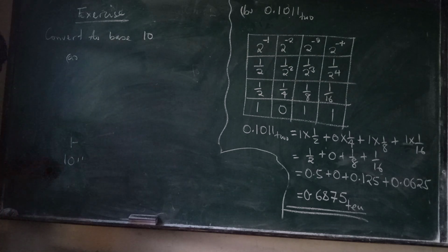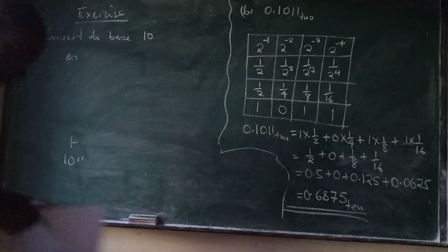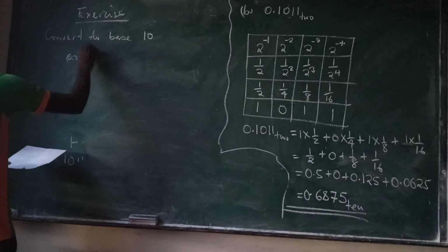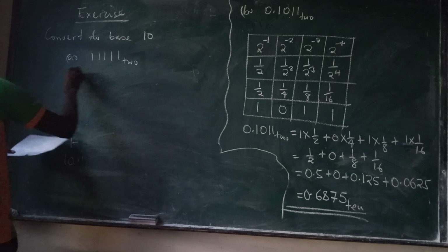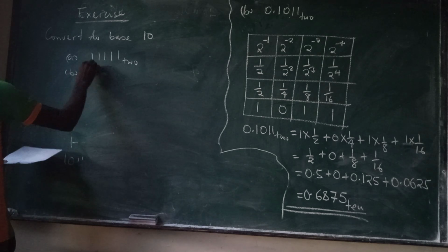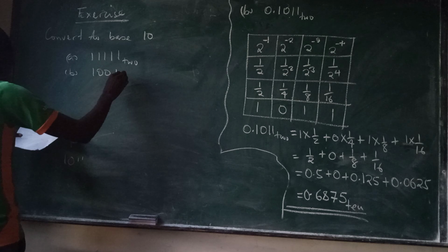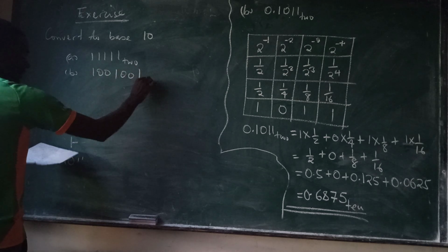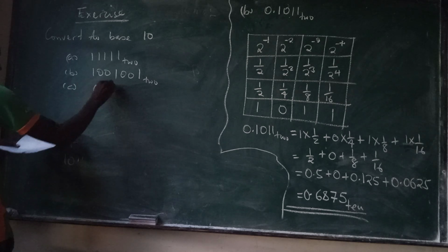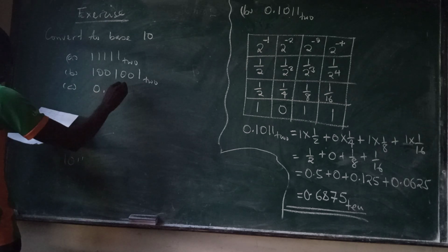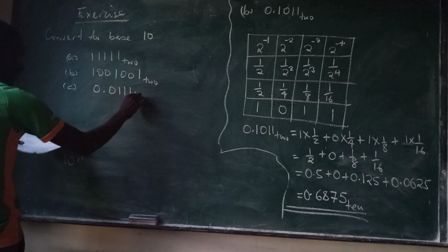So what we are converting, let's say 1111 base 2, you can convert that to base 10. Then 1001001 base 2, also that one. And then 0.0111 base 2.